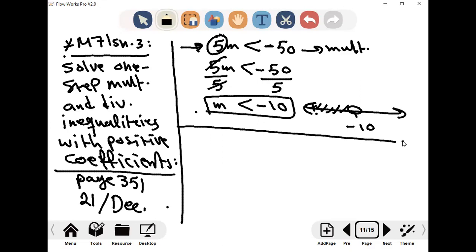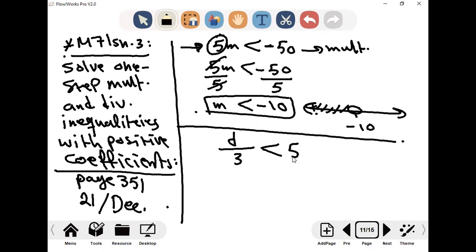If we have a division inequality like, for example, d over 3 less than 5, this is a division one step inequality, right? What's the coefficient here? No coefficient, then no variable. Coefficient, then there is a variable.